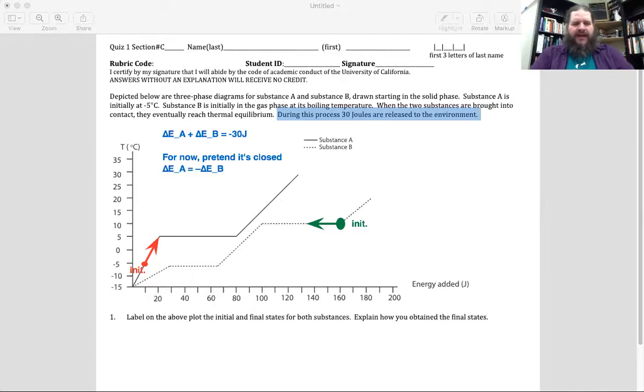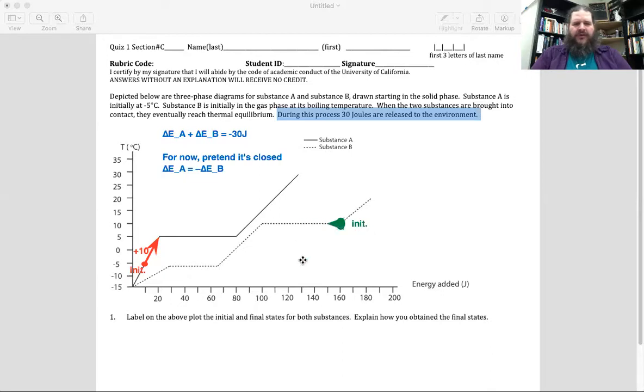So this is A gaining 10 joules. And meanwhile, what happens to substance B? If substance A gains 10 joules, yeah, then substance B would lose 10 joules because they're exchanging energy at equal rates.